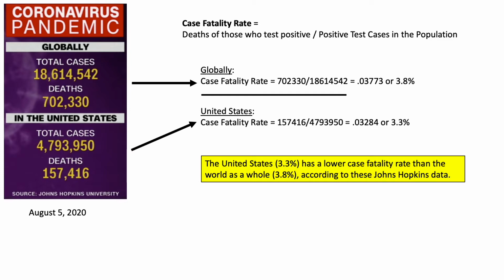So you can see that the United States case fatality rate is a little bit less than the case fatality rate in the world. And of course, each one of those 702,000 are individual lives and families that have been devastated by the death of a loved one. Our condolences to all of those who have been victims of this disastrous disease.